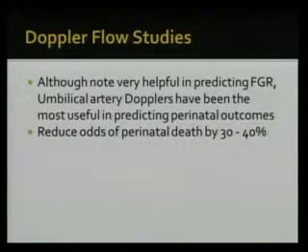They can still have normal Dopplers. Although it's not very helpful in predicting fetal growth restriction, umbilical artery Dopplers have been the most useful thing to predict perinatal outcomes in the growth-restricted fetus. And we know that by using these Doppler flow studies, we can reduce the odds of perinatal death by 30 to 40%.